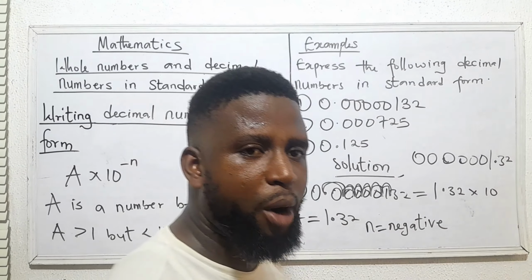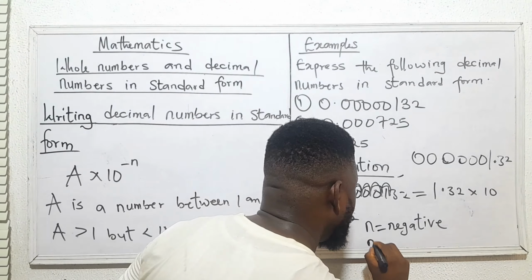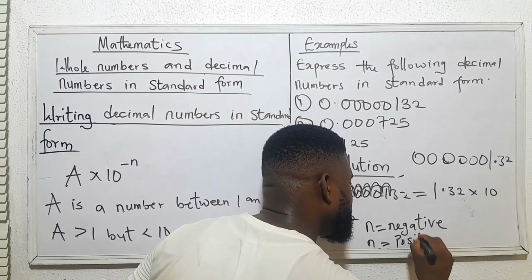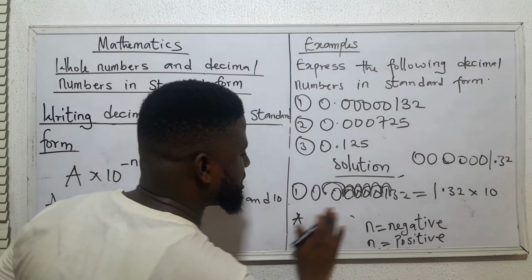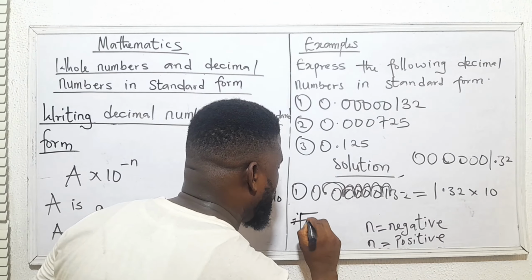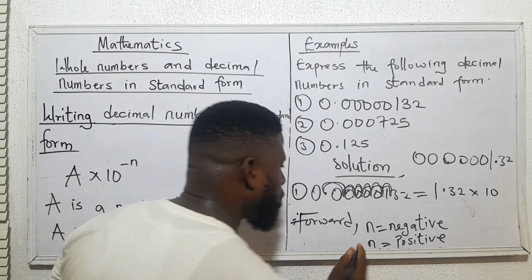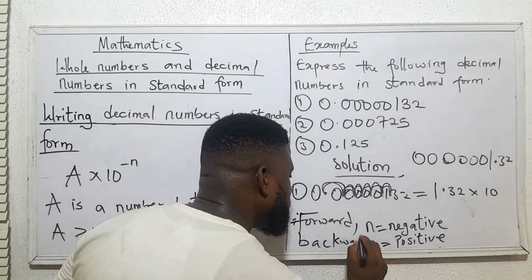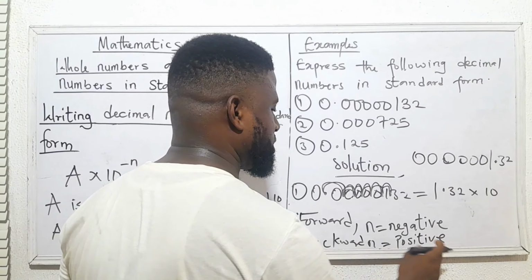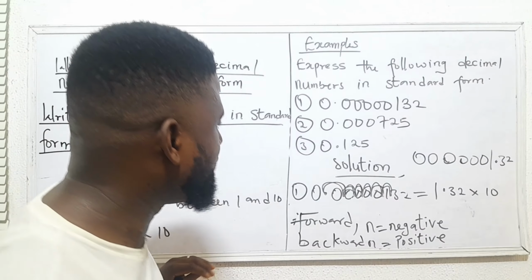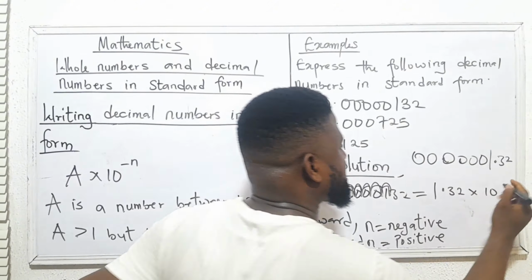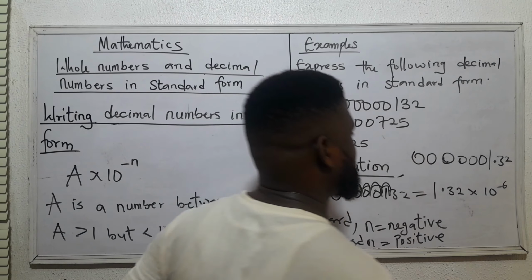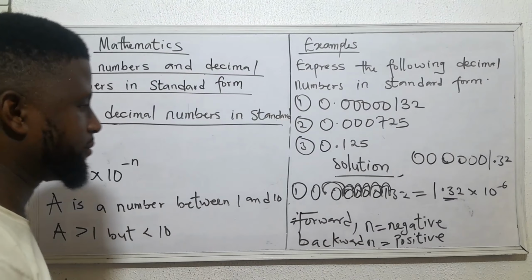If the decimal point moves backward, then n is what? Positive, right? So which means that if it moves forward, n is negative. If it moves backward, then it means n is positive. That's just the difference, right? So since we moved forward 6 times, our n will be -6, and this is our answer.